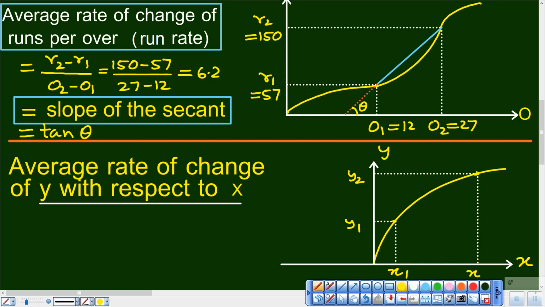If I want to compute the average rate of change of y with respect to x between these two points, what do we get?